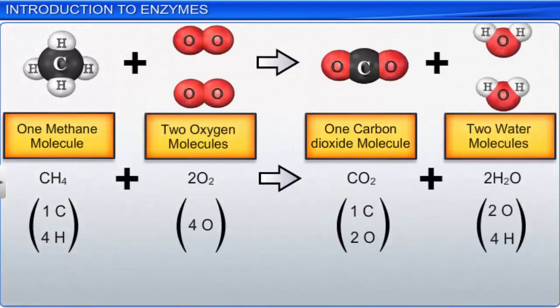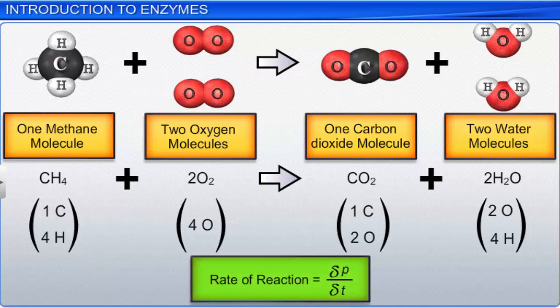On the other hand, when the bonds in a compound are broken and new bonds are formed during transformation, it is called a chemical reaction. The rate of a reaction is defined as the amount of a product formed per unit time. It can be expressed as delta P upon delta T.